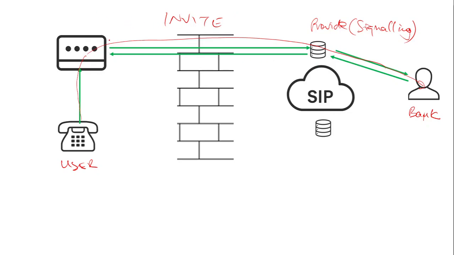For this signaling, for this invite to be successful, the firewall should allow this IP address of the Mitel, 192.168.1.2 port 5060, outbound to the IP address of the provider signaling port 5060, and this is protocol UDP.